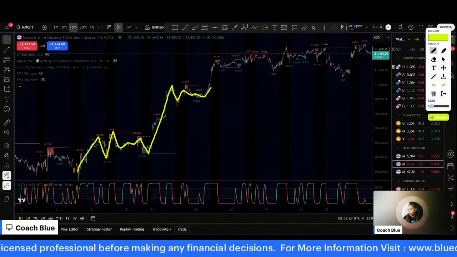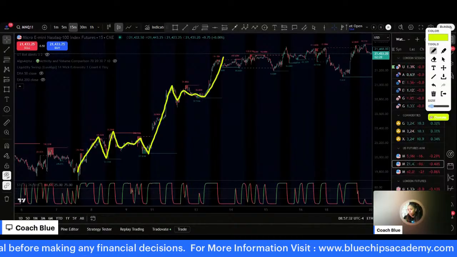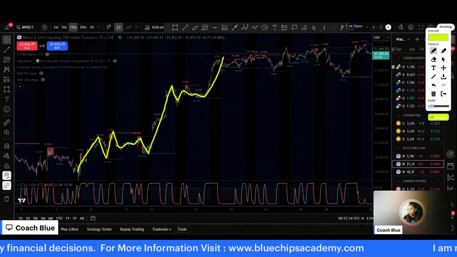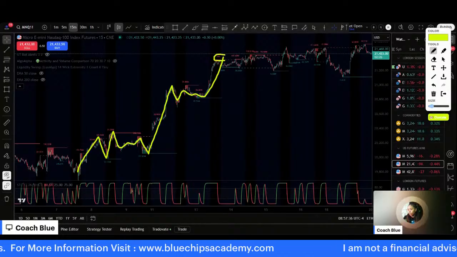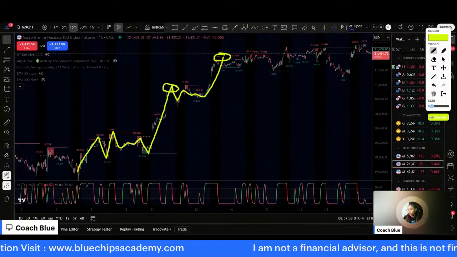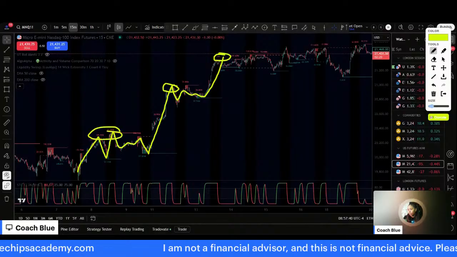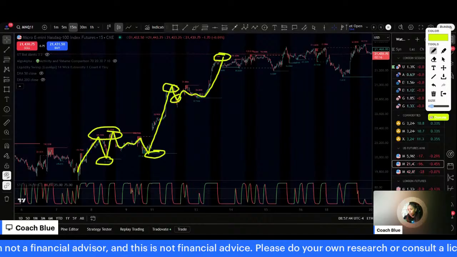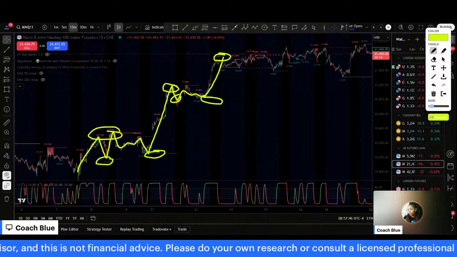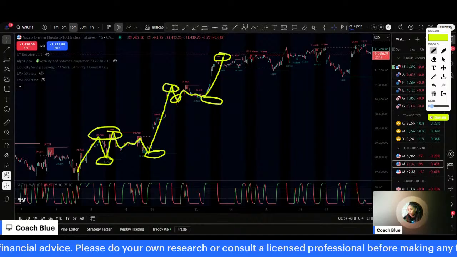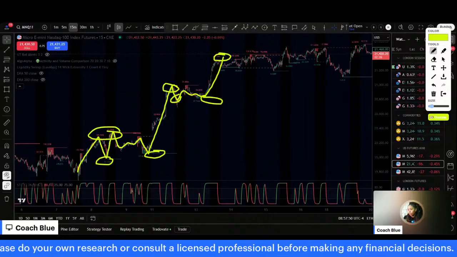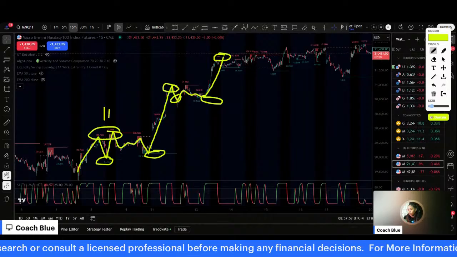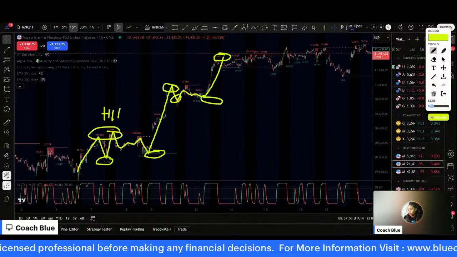Came here, settled down, another surge to the upside. So we have multiple swings here. I'll use this as one swing, okay? Multiple swings here, multiple pivots, okay? Now, the top of the swings are called higher highs, okay?